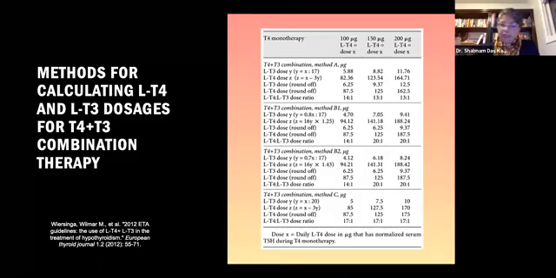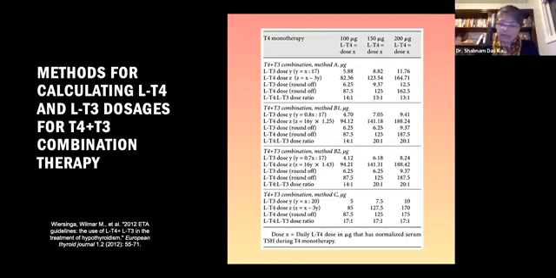So important to bear in mind is, if you are giving a patient T3, you have to automatically reduce the T4, because T3 is made from T4. So if you are only giving them additional T3 without reducing T4, the total amount of T3 they get is going to be a whole lot more. So if you want to make sure that you can stick to the 13 to 1 or 20 to 1 dosage ratio, then this is a guideline to follow. And this is a really excellent paper to read.